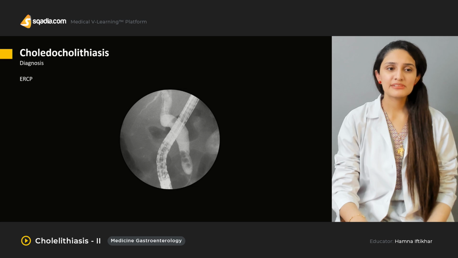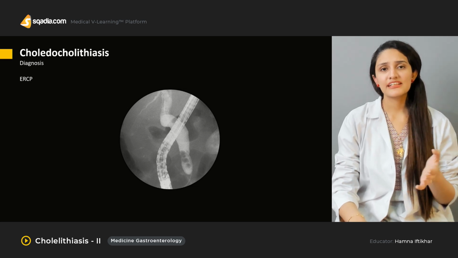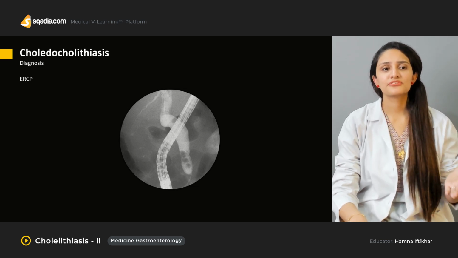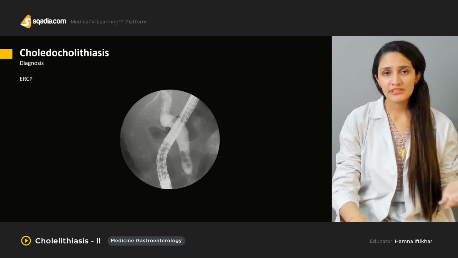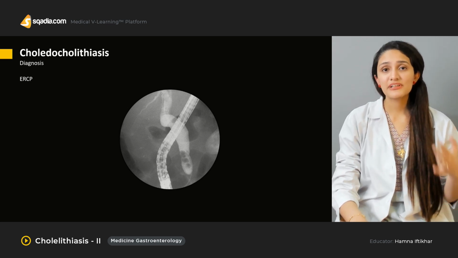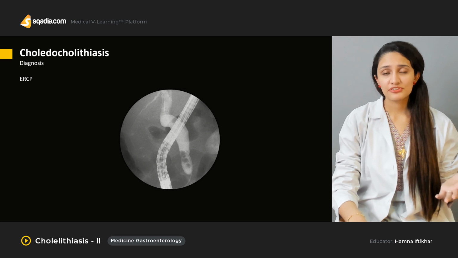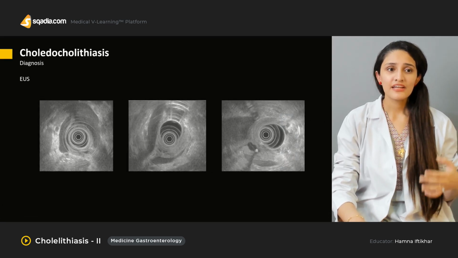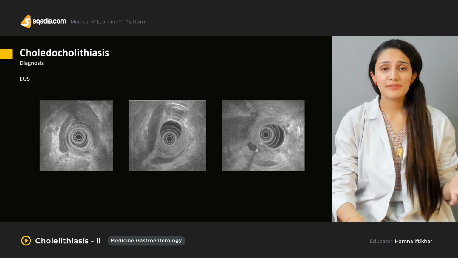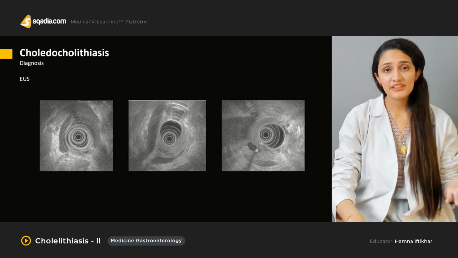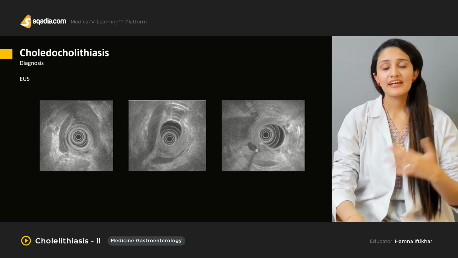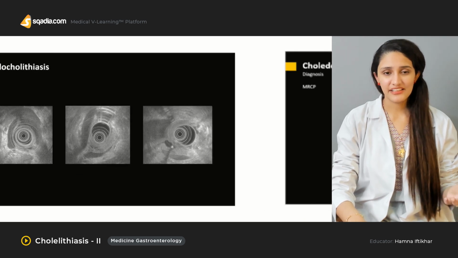And then we will be studying the different techniques to diagnose patients with choledocholithiasis, such as ERCP, which is also known as endoscopic retrograde cholangiopancreatography. We can also diagnose these patients with the help of endoscopic ultrasound. These are the images, and I'll be explaining these in detail.